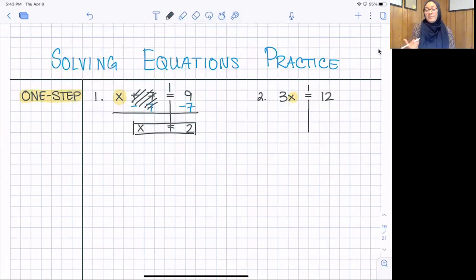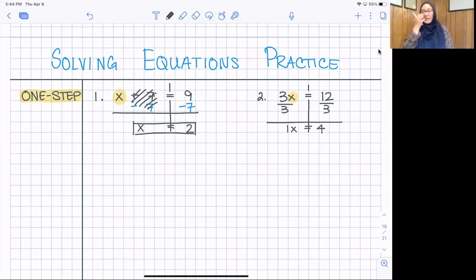So I have to do the opposite of times, which is dividing. So I'm going to use the fraction symbol to show division because it's the same thing. When I do that, 3 divided by 3 is 1. And then I have the x left over, equals 12 divided by 3, which is 4.